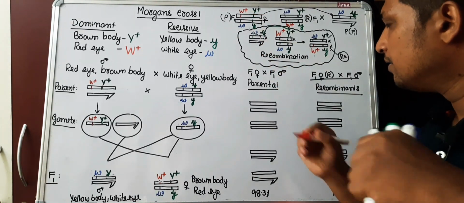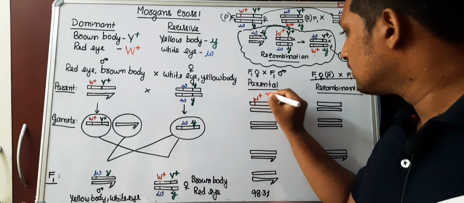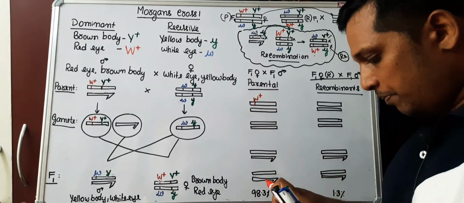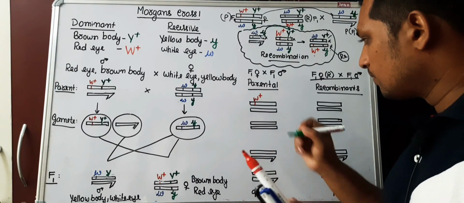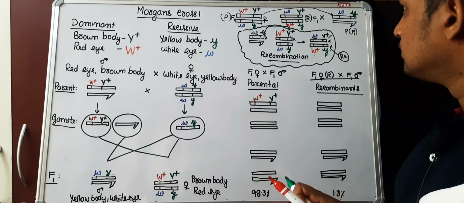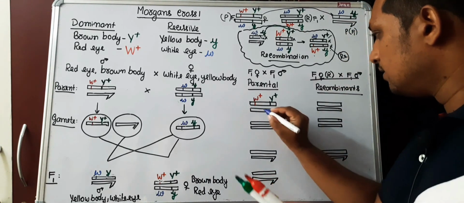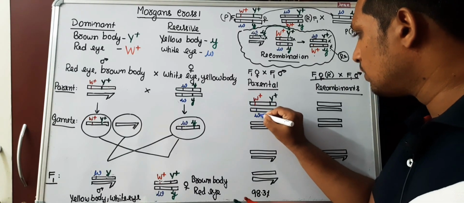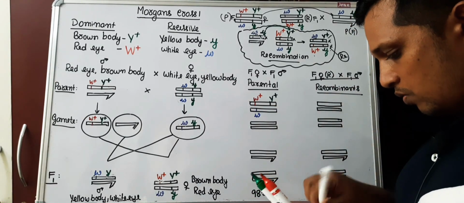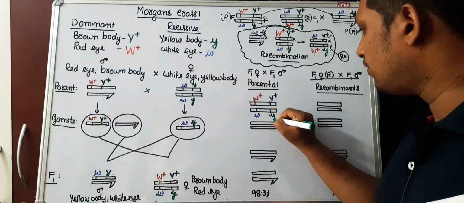The female has W plus and Y plus, and it combines with the male's small w and small y, and that will be formed.